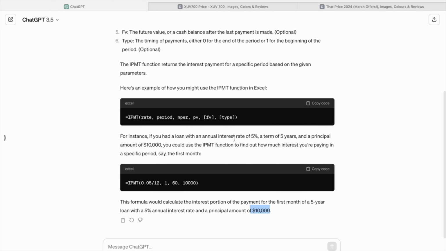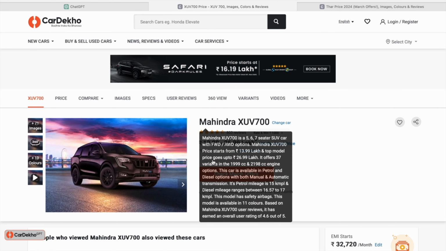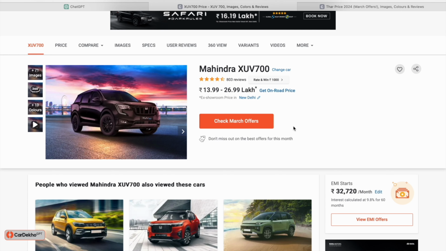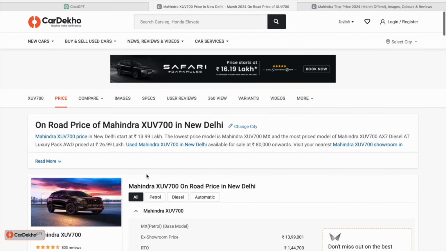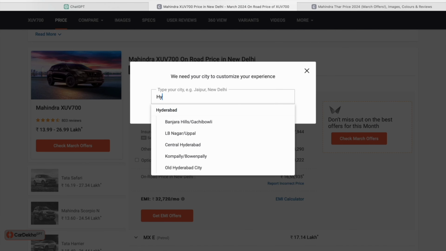So back to our examples. For example, if you are purchasing the Mahindra XUV 700, let's check the on-road price. I'll just enter my city name.